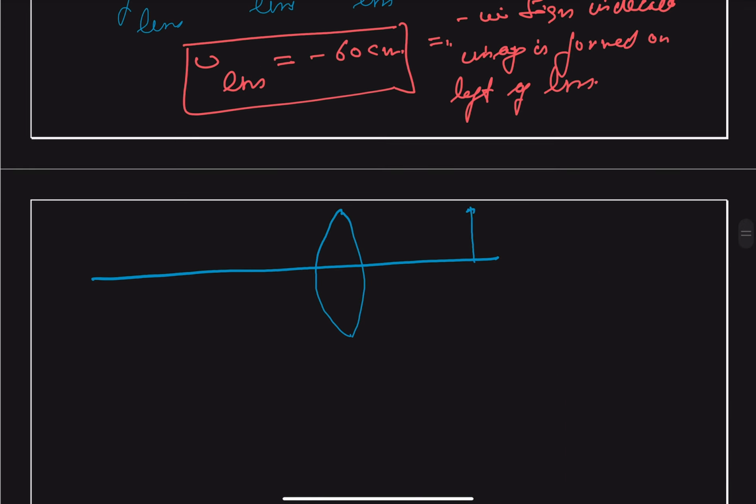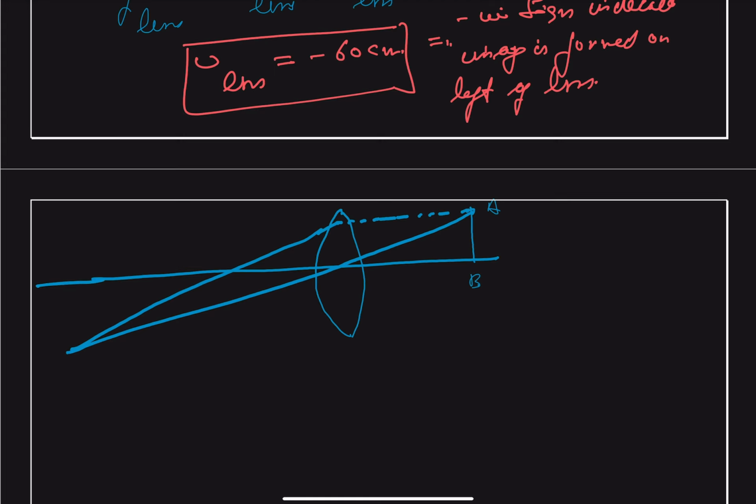This is our A and this is our B, and the image that will be formed if only the lens alone is there will be something like this.